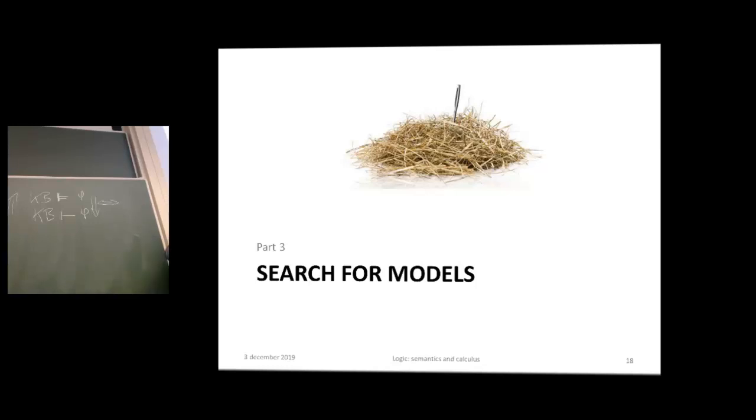And the idea is the following: remember this notion, we want to show knowledge base entails some formula phi. This is the same as to show that knowledge base plus the negation of phi is unsatisfiable.